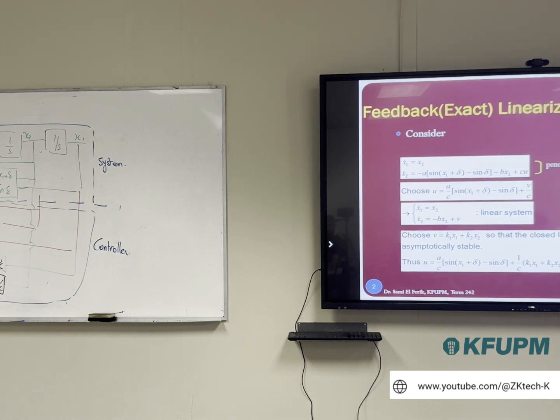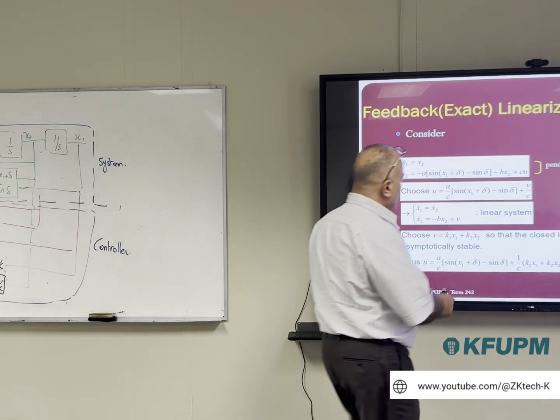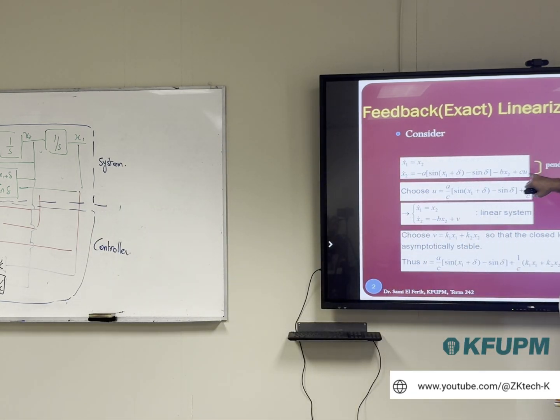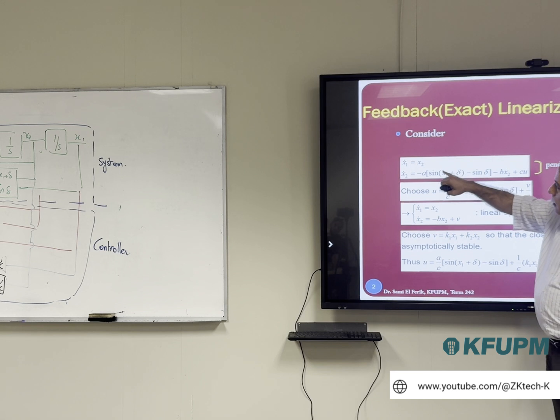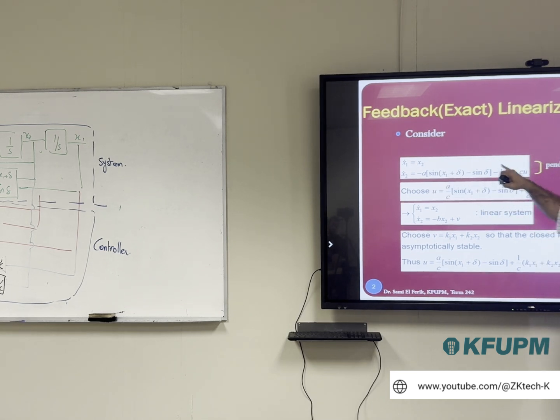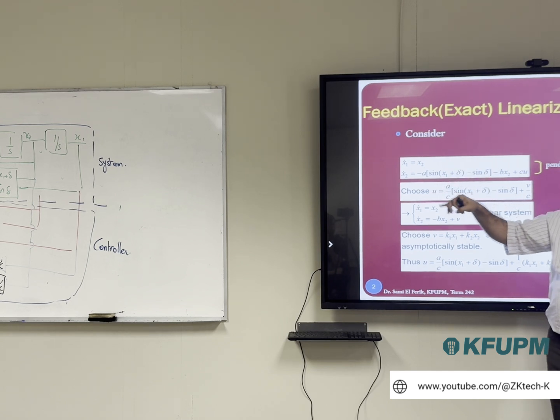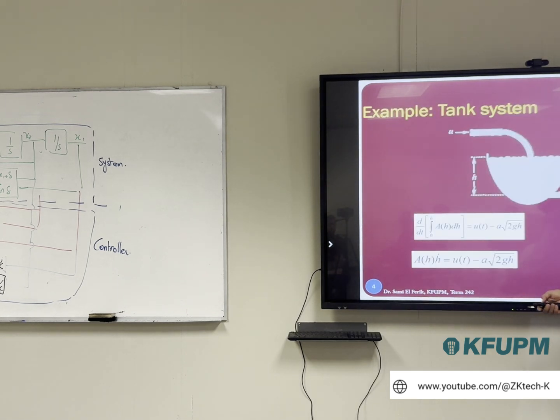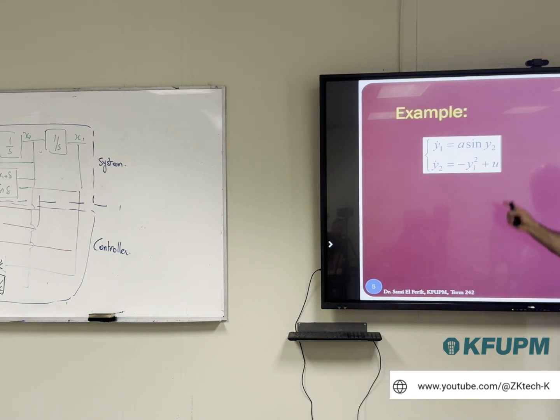Now the other structure that is very important for us is that the control appears exactly at the same level as the nonlinearity. Right? But there are cases where the control does not appear at the same level as the nonlinearity. So how are we going to cancel this? For example, this system.